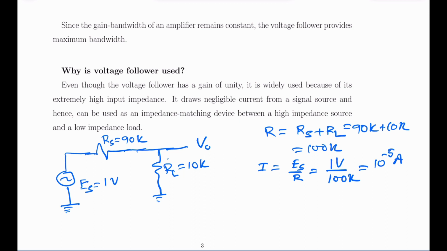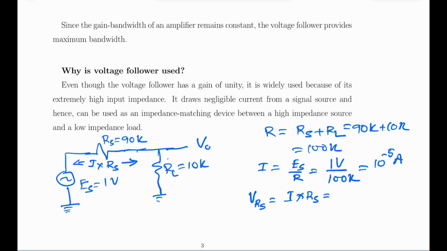So when this current flows in this circuit on the left, we have a potential drop across the source resistance RS, and that potential drop is equal to I into RS. So if you find voltage drop across RS, then you get I into RS.